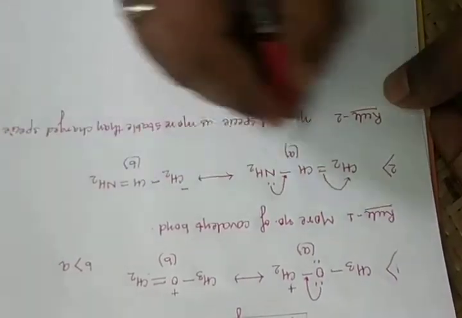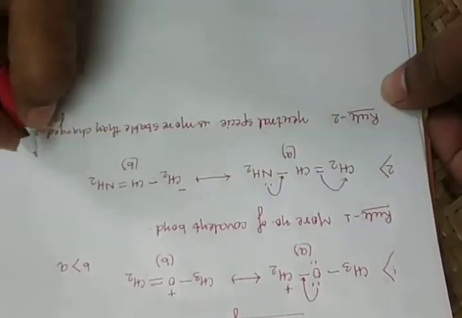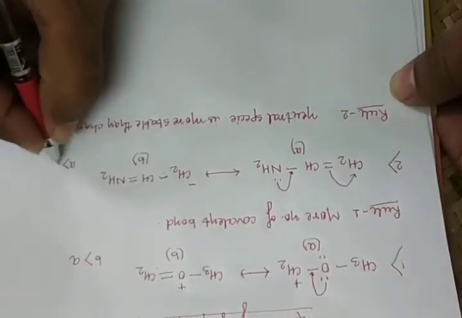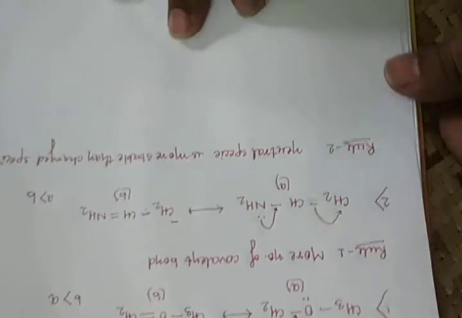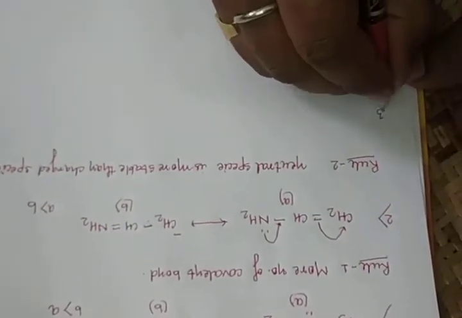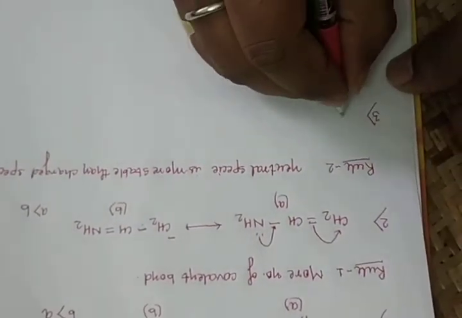So you know one is neutral and the other has charge, so it means compound A is greater than compound B.